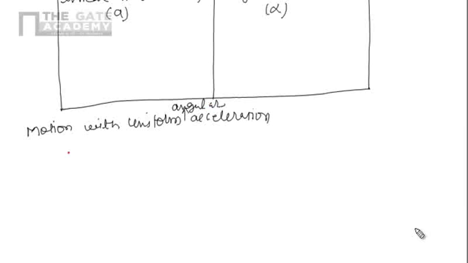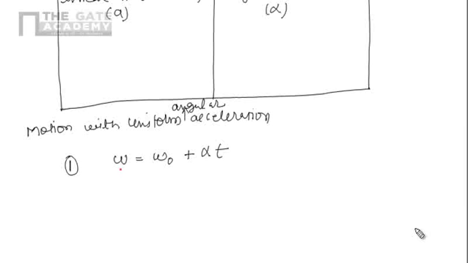The first equation is omega equals omega naught plus alpha t. Similarly, we know the equation for motion with uniform acceleration in rectilinear motion, that is v equals u plus at.